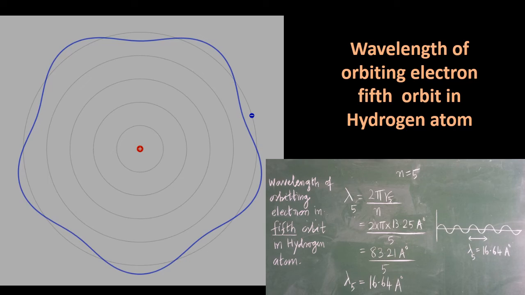The electron is perfectly placed in the fifth orbit. It shows that it has formed the standing wave pattern in the case of the fifth orbit. So we are able to calculate the wavelength of the orbiting electron in the fifth orbit with the help of the board work. Okay. So like that, we are able to place the electron in different orbits. We are able to calculate the respective de Broglie wavelength of the electron in different orbits.